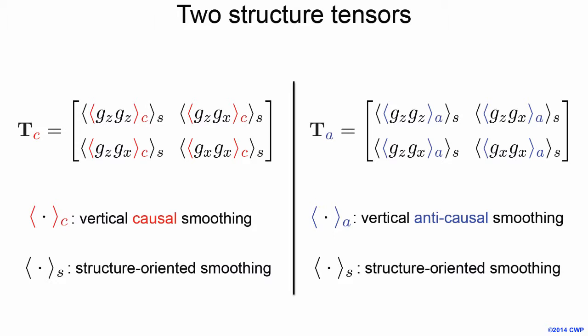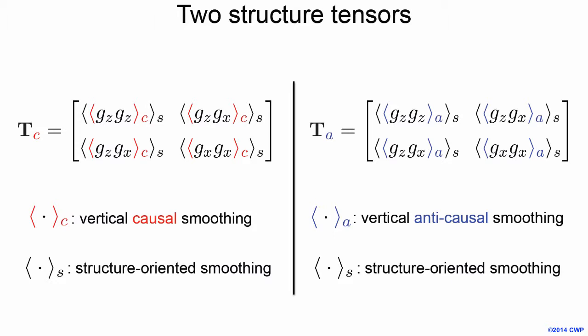Here the structure tensor TC is computed by first applying a vertical causal smoothing filter to each component of the outer product, and then applying a structure-oriented smoothing filter to each component. A structure-oriented filter is a smoothing filter that smooths along structures. For example, in a seismic image, such a structure-oriented smoothing filter smooths along the seismic reflectors.